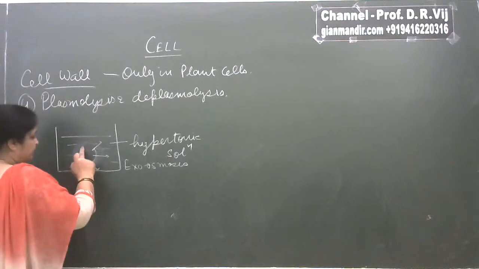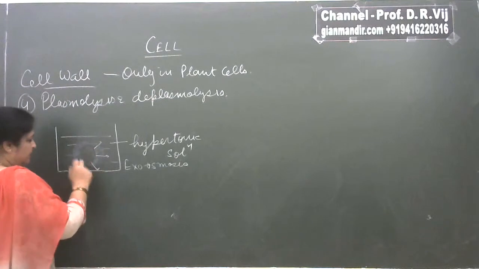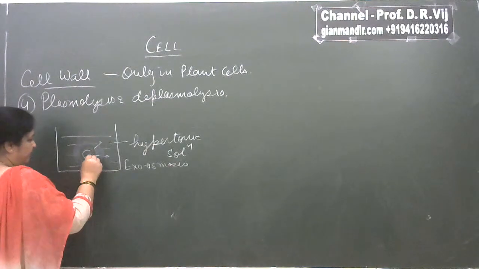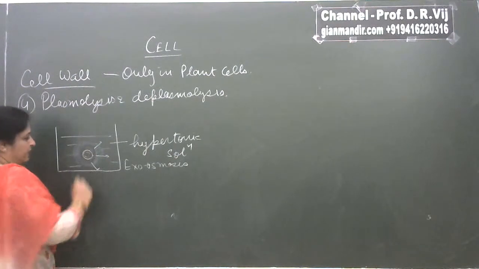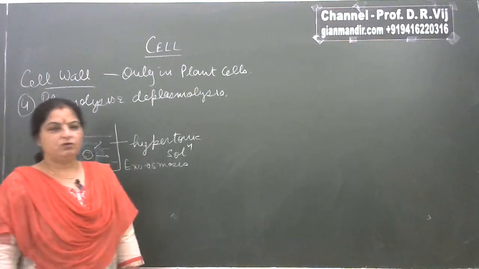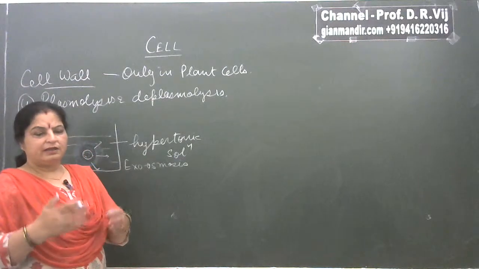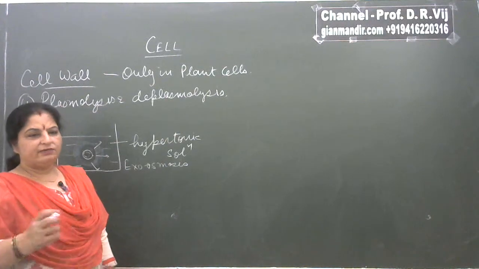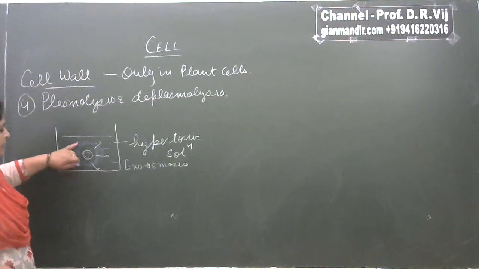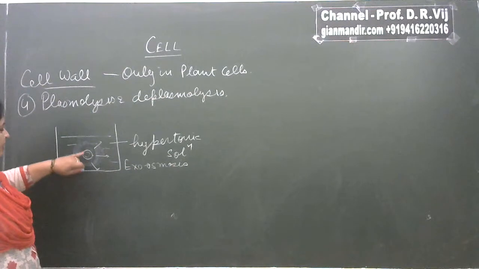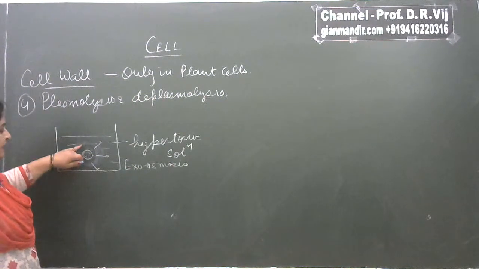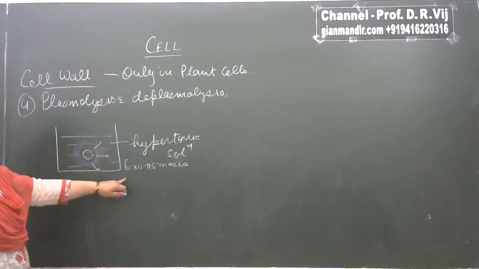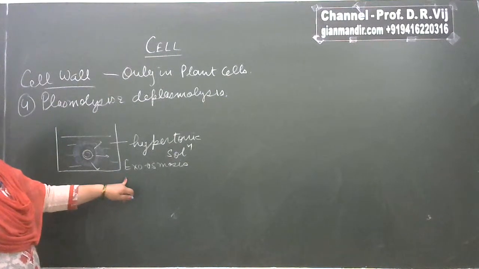And when the cell shrinks, the content of the cell along with plasma membrane gets separated from the cell wall. Or you can say, when a living plant cell is kept in a hypertonic solution, there develops a gap between the cell wall and plasma membrane, as the plasma membrane gets detached from the cell wall because of the phenomenon known as exoosmosis.